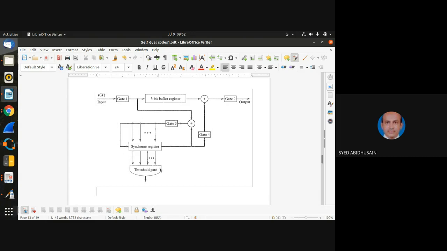Right? So, threshold gate. What happens here next?